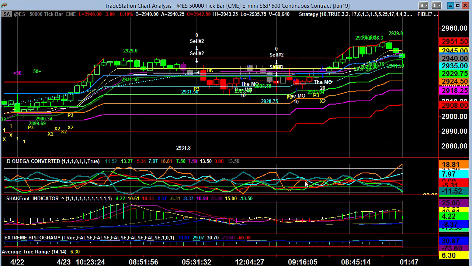So here we go from that 50K standpoint on the same ES, and likewise, we see that gold began its move right at the same time that we were looking at the secondary buy from the Mo, and it's continued, even though it's not dramatic. It doesn't need to be.